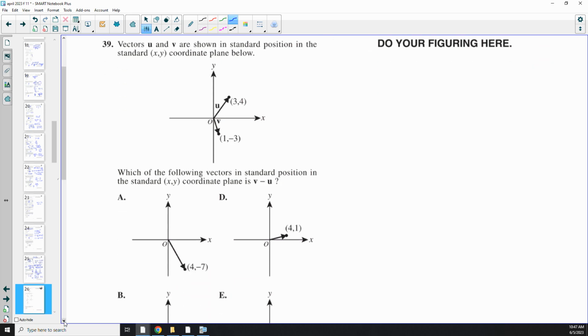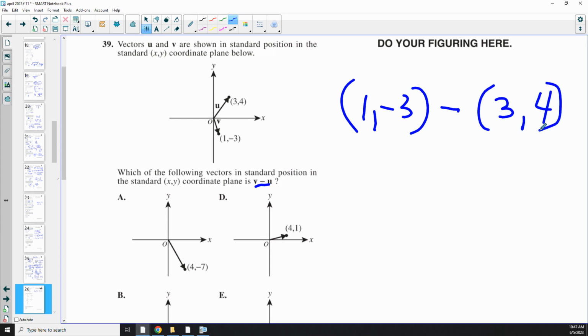The old addition of vectors, but we're doing v minus u. Well, v is that, minus u is that.